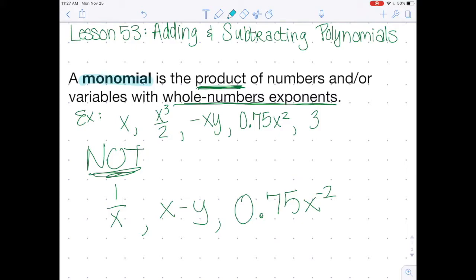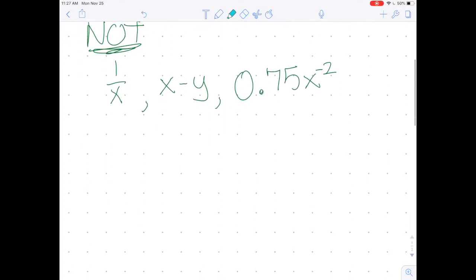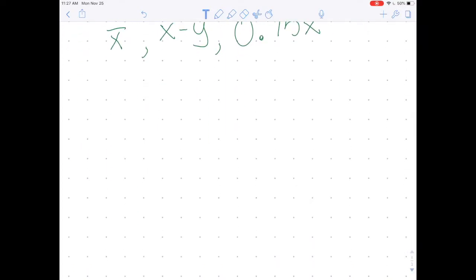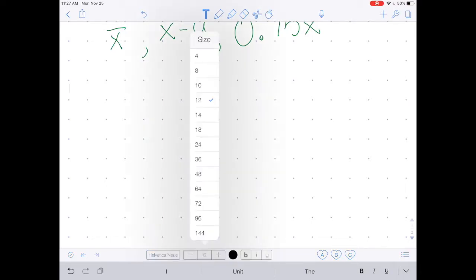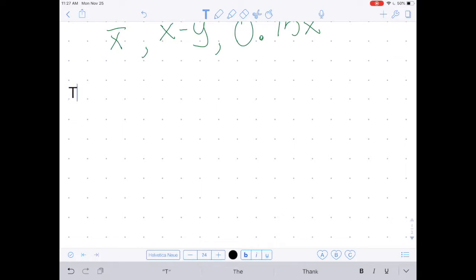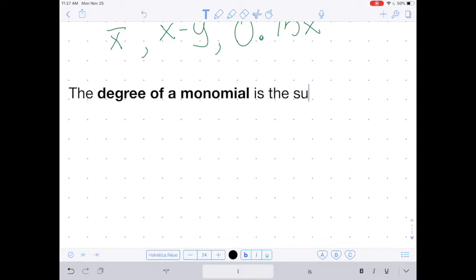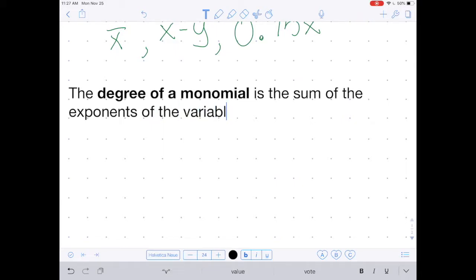Okay? So, there's that. Let's talk about the degree of a monomial. Let's make this big enough for you to read it. The degree of a monomial is the sum of the exponents of the variables in the monomial.